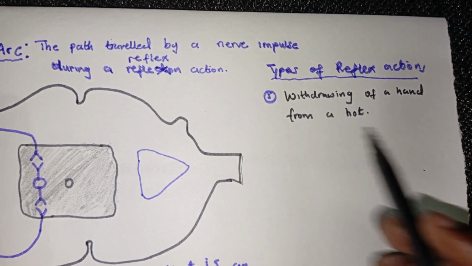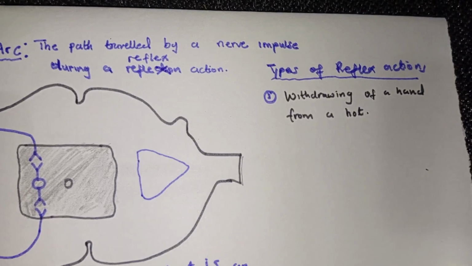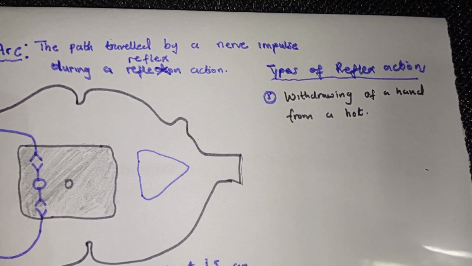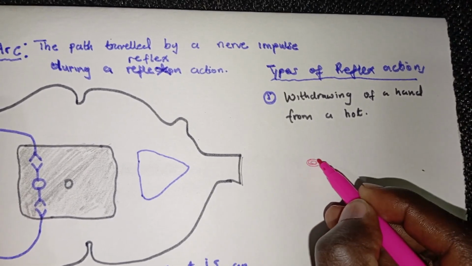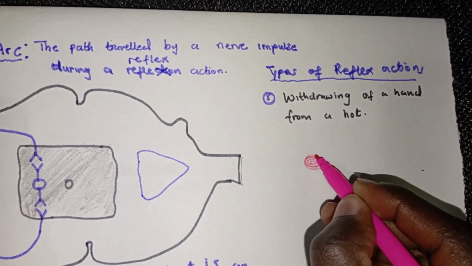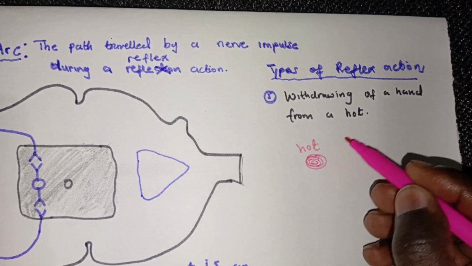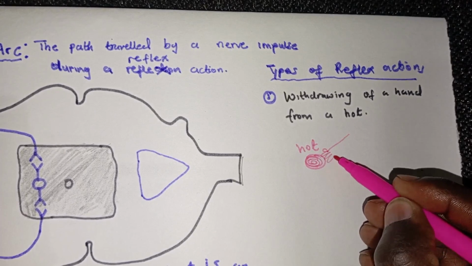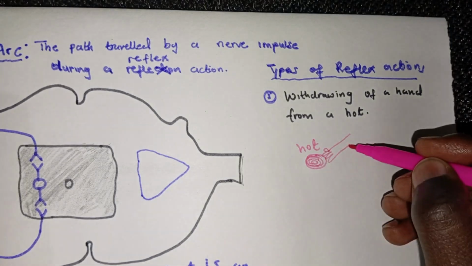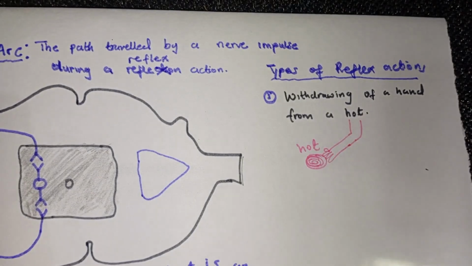Let's say there is a very, very hot object nearby, for the sake of illustration. Let's say this is hot, and then you have just a hand there. This is somebody's hand.